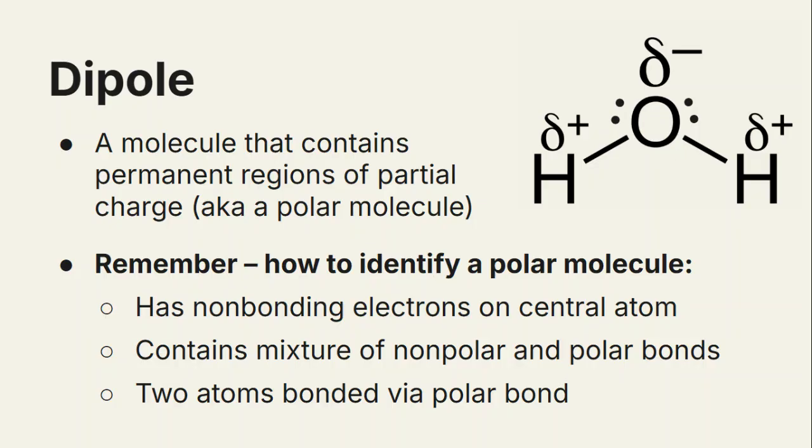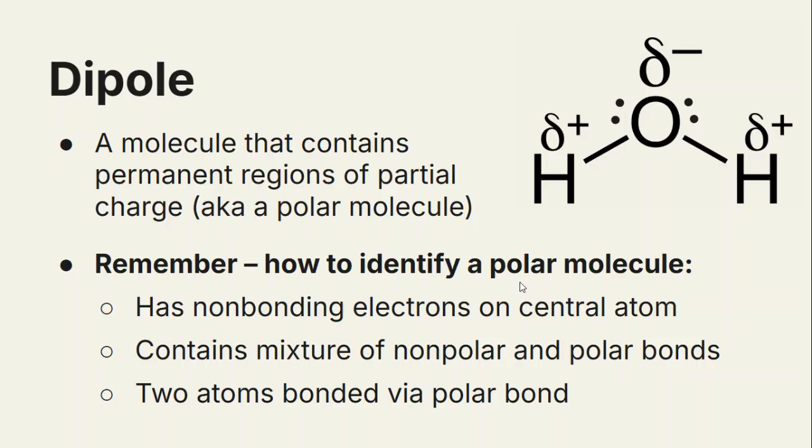Second, if there is a mixture of types of bonds, so you have both polar and nonpolar bonds within a molecule, that makes the molecule polar. It will contain a dipole.